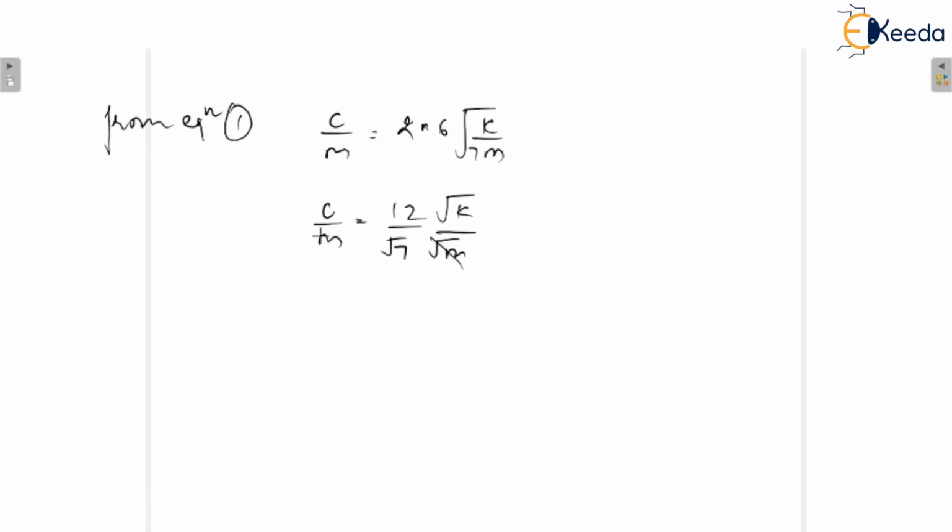So this would be cancelled out, and it would become C upon under root of m, with the under root of k moving to the denominator of this side, so it becomes under root of km. So you will get here 12 upon under root of 7. When you solve this, you will get the answer, 4.535. So that is the final answer for this question. Thank you.